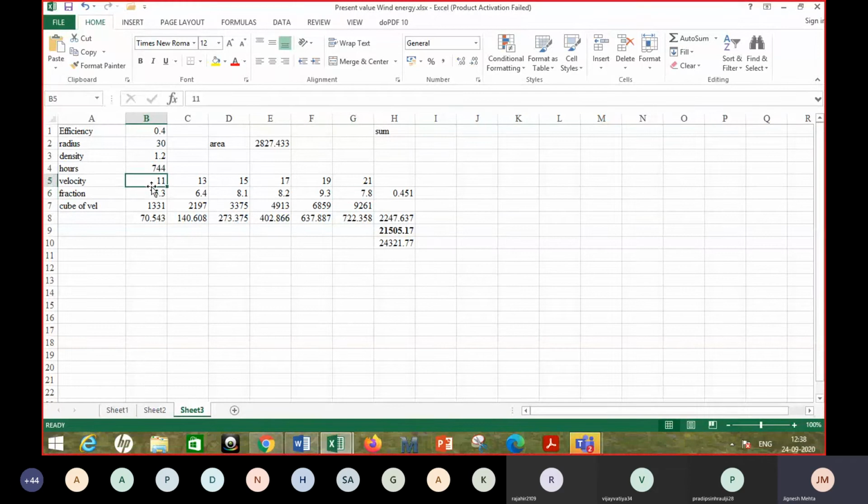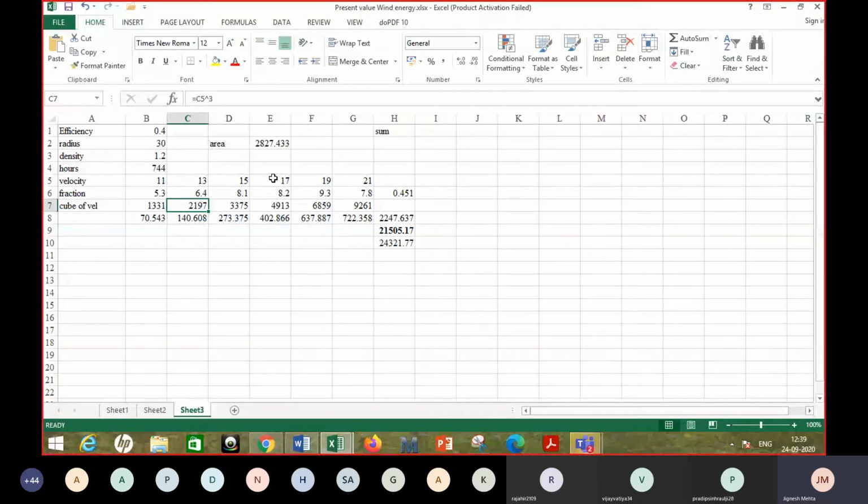So for 11 it is 5.3, then for 13 it is 6.4, for 15 it is 8.1, for 17 it is 8.2.